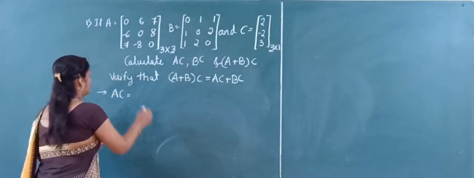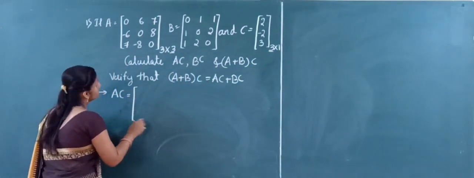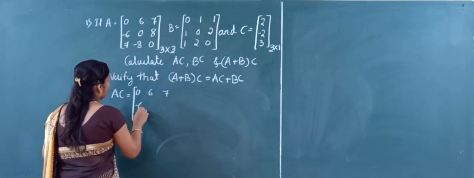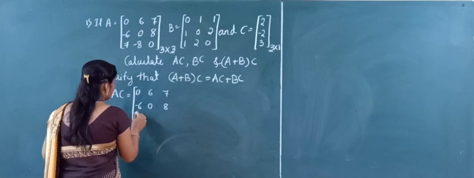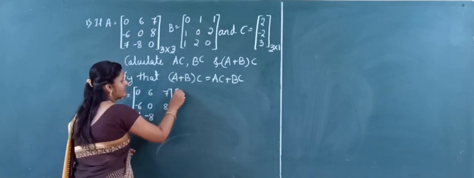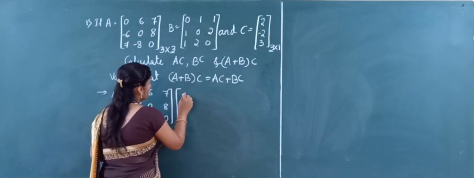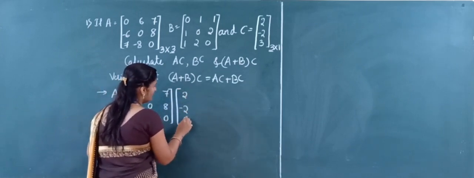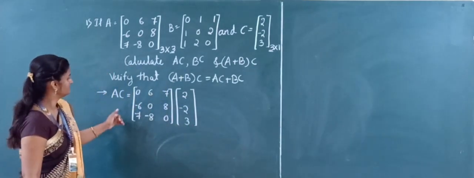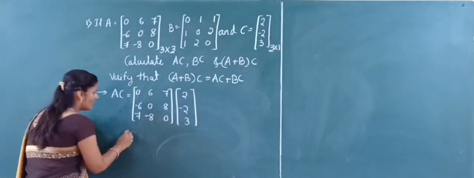So we can multiply. So I will take A, 0, 6, 7, minus 6, 0, 8, 7, minus 8, 0, to our C matrix, 2, minus 2, 3.